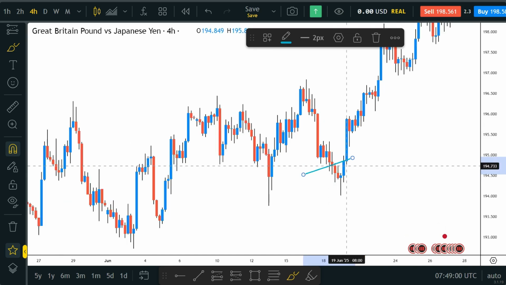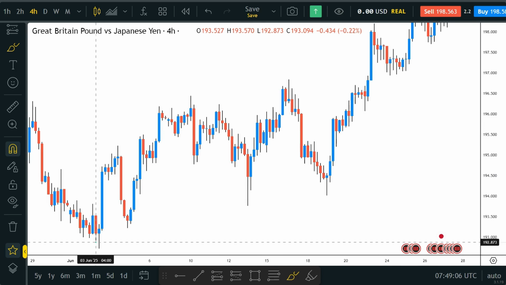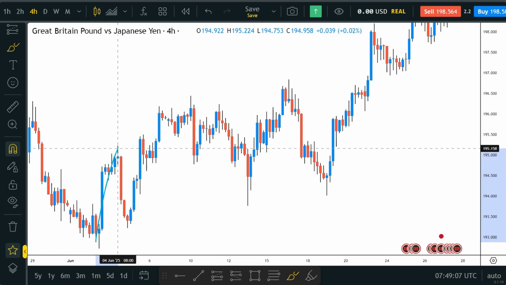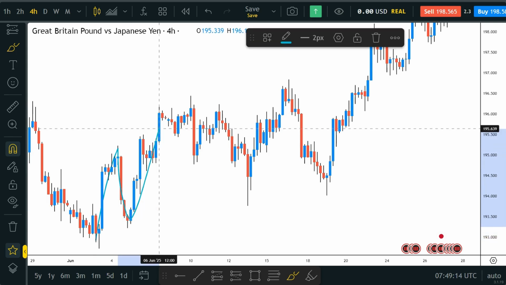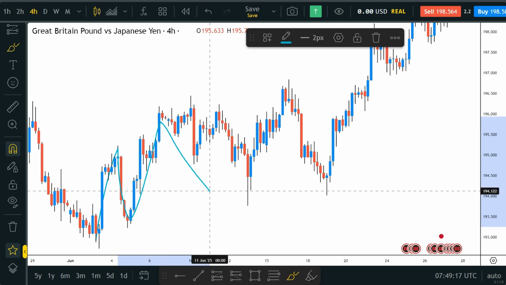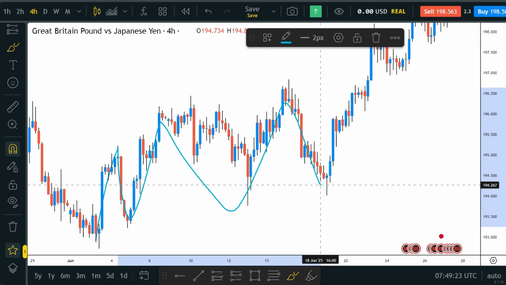So what I mean is that the market will create a high there, then it will create a lower high, then it will create a high, then it will create a low, then it will create a high, then it will create a low, and also it will create a high.